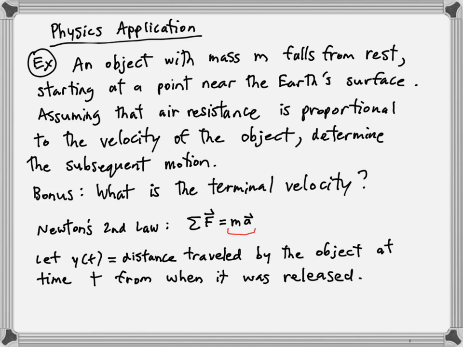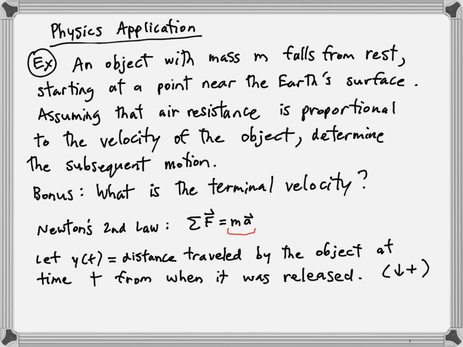Okay. So this is our definition, and we're going to consider down to be positive. Okay? So if y is equal to 0 at a particular time, that's only when you just let it go, and then if it equals 1, that means it's fallen 1 meter, and so on. Okay, so t is the time.